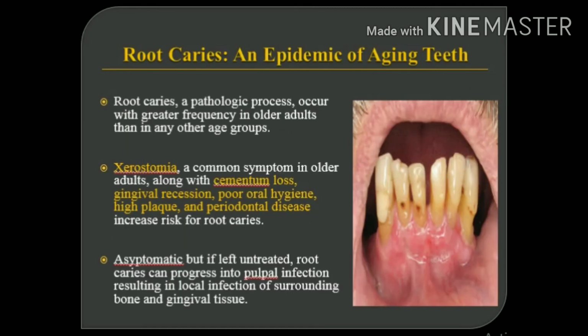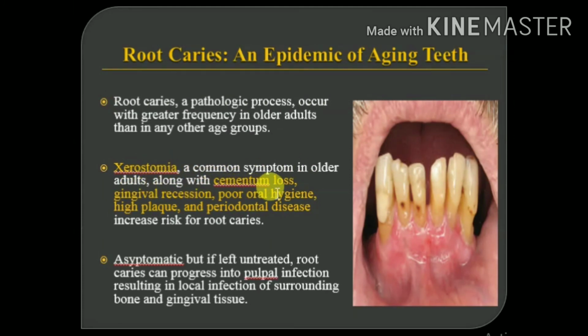Root caries is a very important epidemic of aging teeth. Root caries is a pathological process that occurs with quite greater frequency in the older population than in any other age group. If any geriatric patient comes, they have root caries for sure. Xerostomia is a common symptom in older adults.